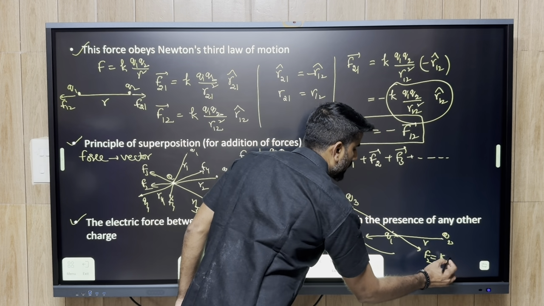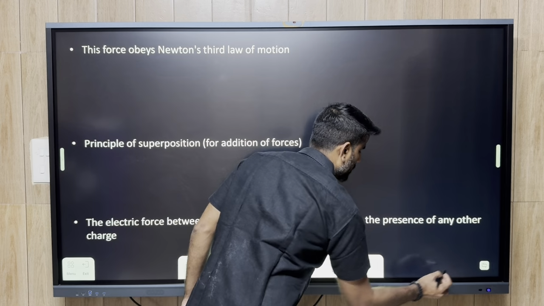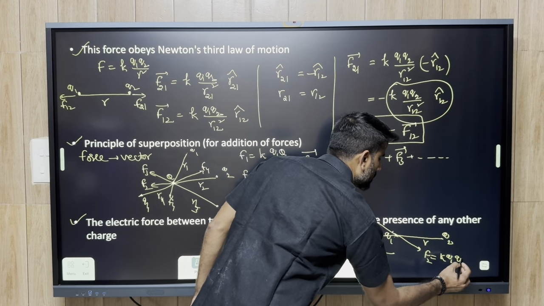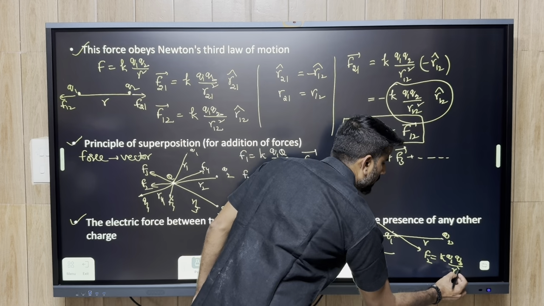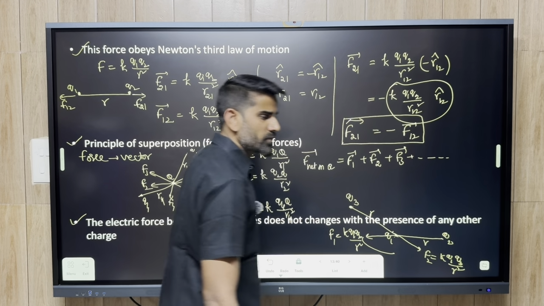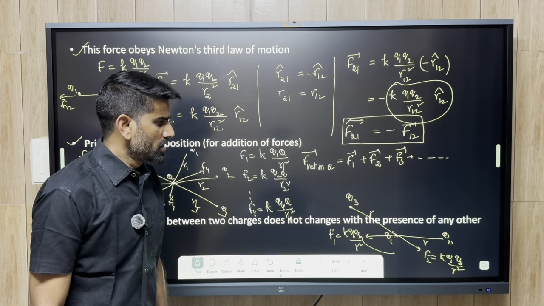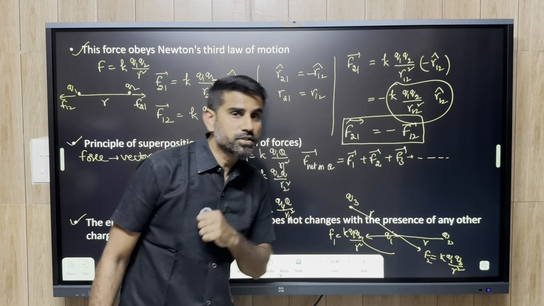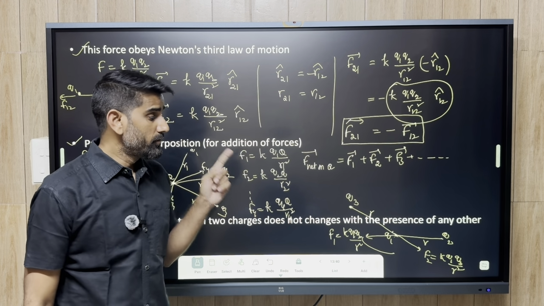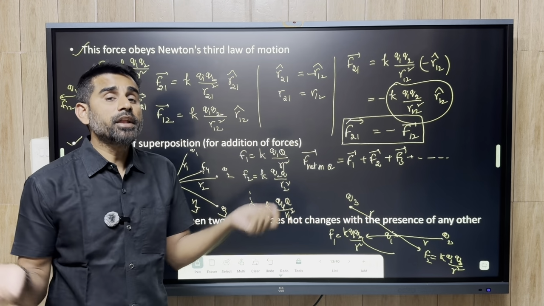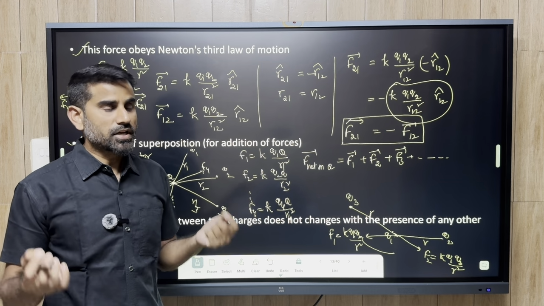F is equal to K Q1 Q3 by R square. Again, this is also R, let's assume. The net force on every individual charge gets affected, but the presence of any other charge will not affect the force between any two charges.